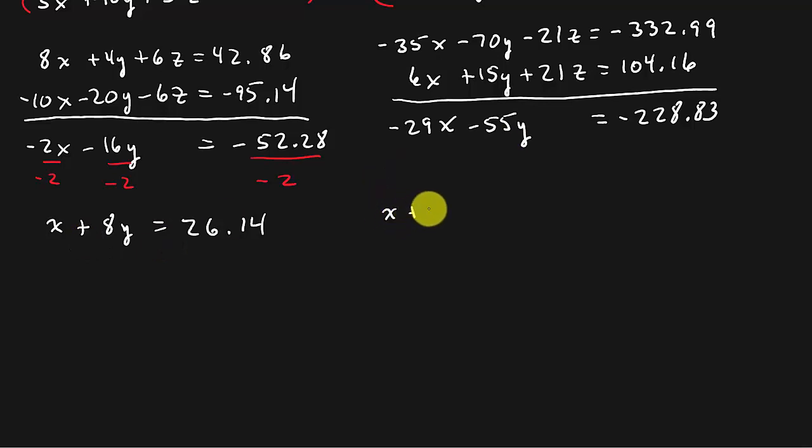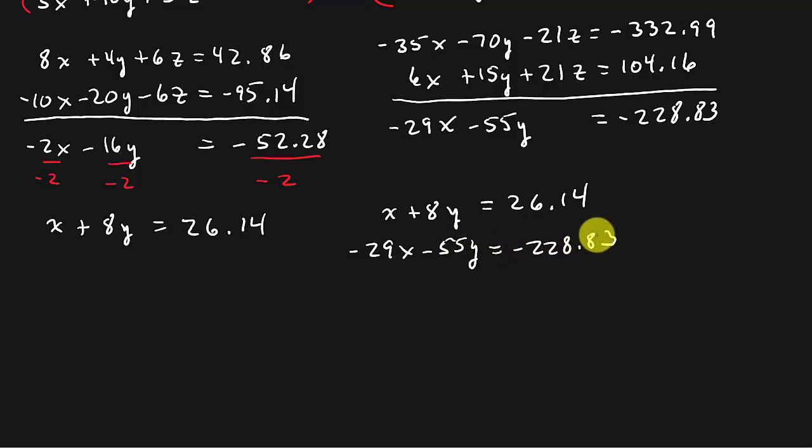So I've got x plus 8y equals 26.14, and then -29x minus 55y equals -228.83. And so look, now all I have to do is multiply that by 29. You see that?